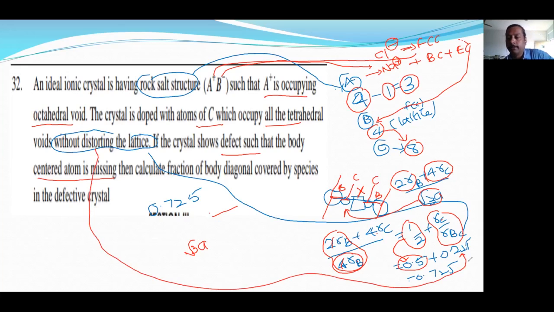The ideal radius ratio of a tetrahedral void is 0.225. So 0.5 is already there, 0.225 is the void ratio. Therefore, it will be 0.725. So the answer will be 0.725. Afterwards, you can practice it again in peace time.